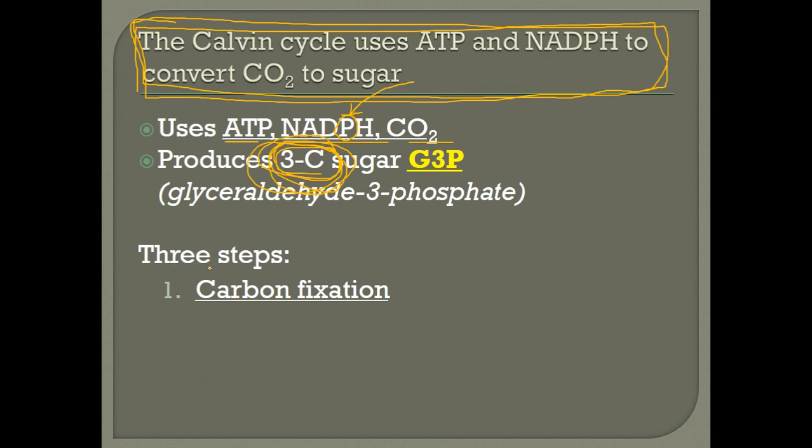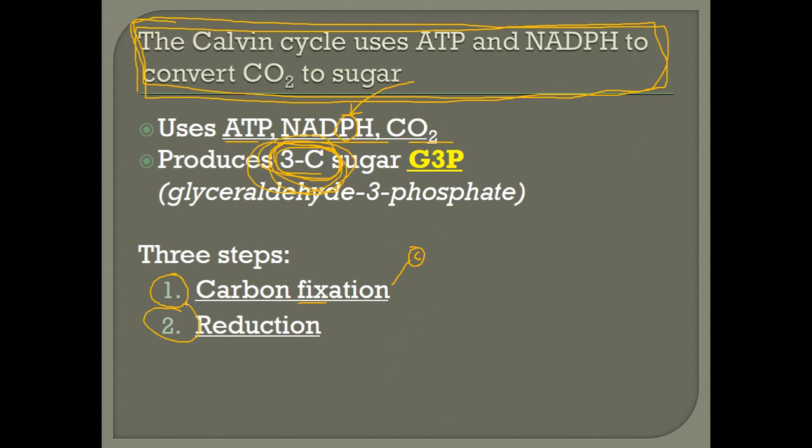All right, there are 3 major steps here. First step is carbon fixation. To fix something in chemistry terms means to affix it, so it means to stick it onto something else. So I just fixed carbon onto this N right there. So the first step is fixing the carbon from carbon dioxide onto something else.